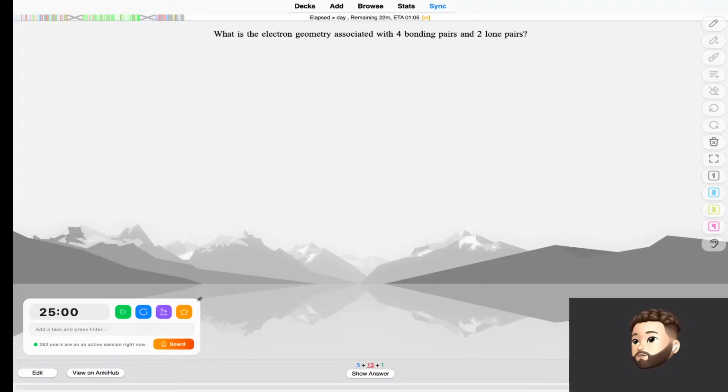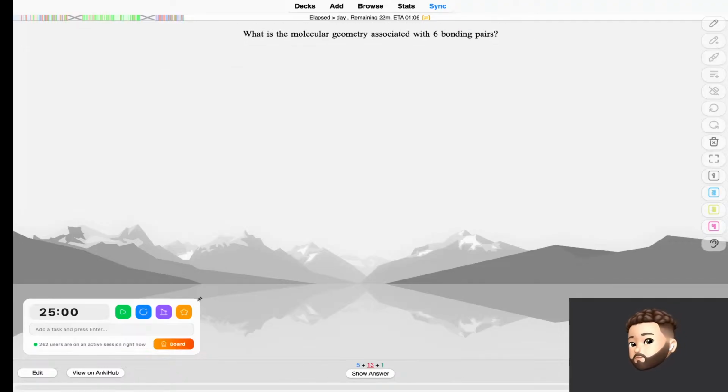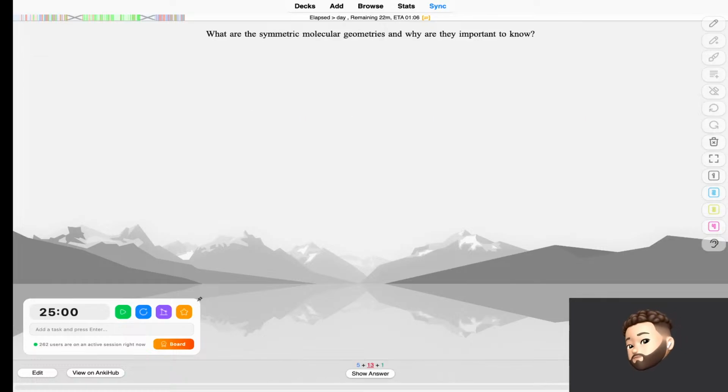Four bonding pairs is going to be square planar. It's also 90 and 180. Octahedral is going to have, I think, also 90 and 180. They're important to know because it means that the dipoles can cancel out.